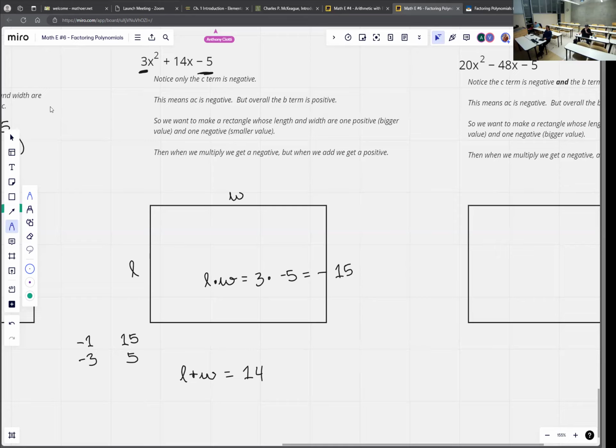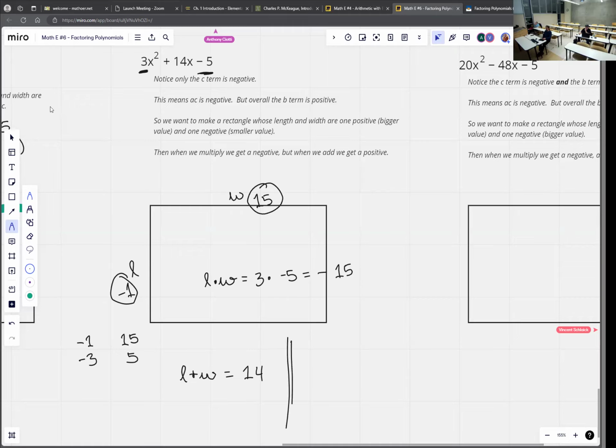We want to add up to 14. Oh, right, so if you have 15, take away 1. -1 and 15 is 14. One of these is -1 and the other one is 15. They add up to +14, that's what we wanted, and they multiply to -15, that's what we wanted. Everyone okay so far?